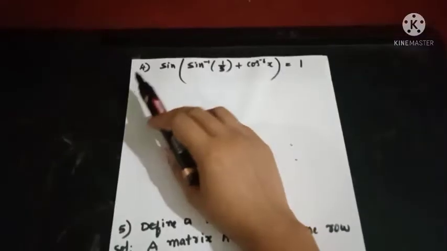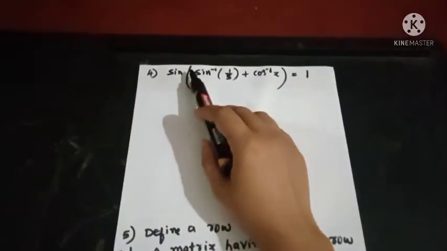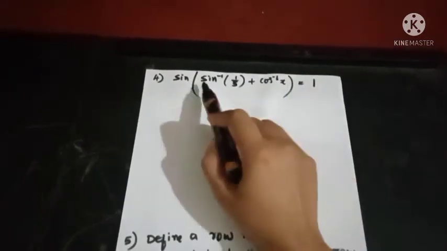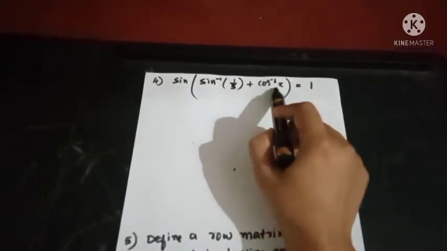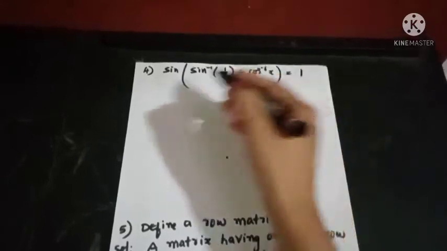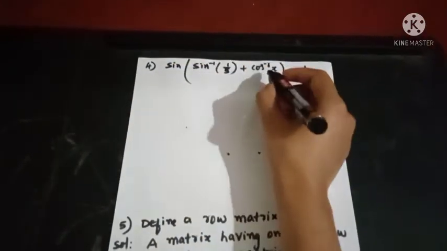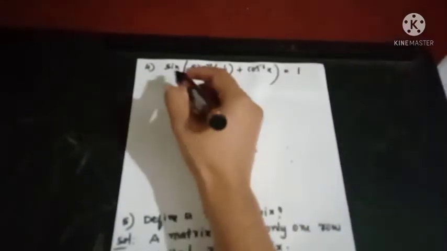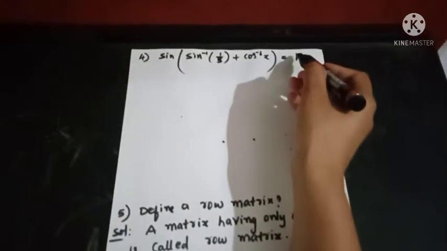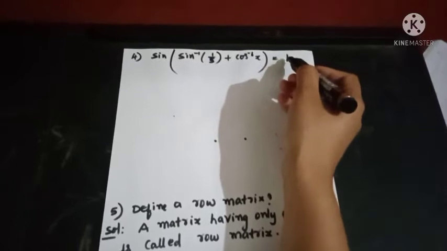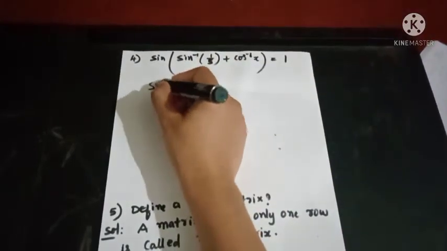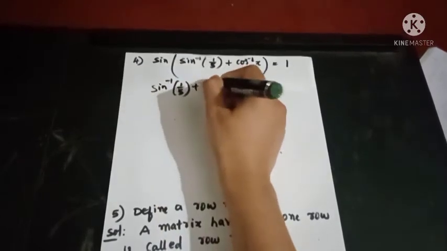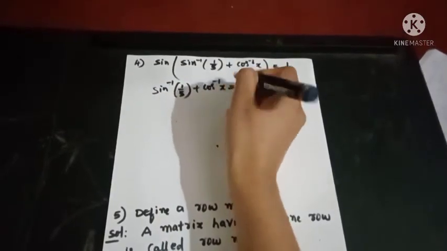The fourth question is, find the value of x if sine inverse of 1 by 5 plus cos inverse of x is equal to pi by 2. So given sine inverse of 1 by 5 plus cos inverse of x is equal to 1.